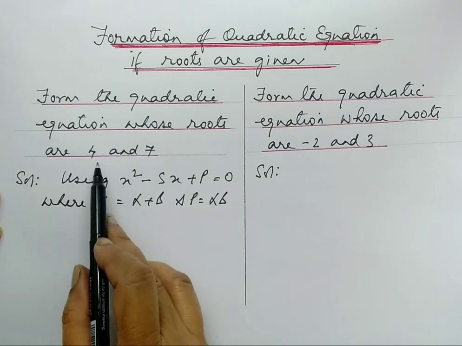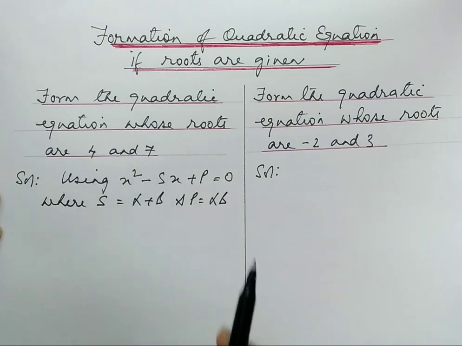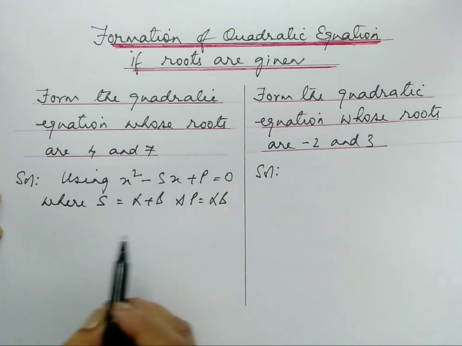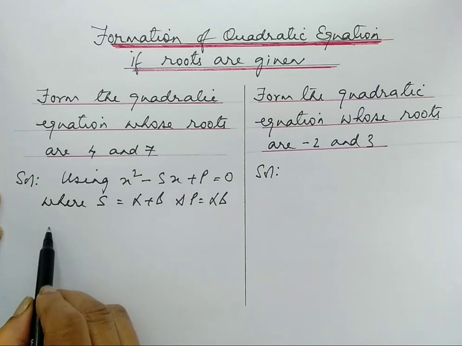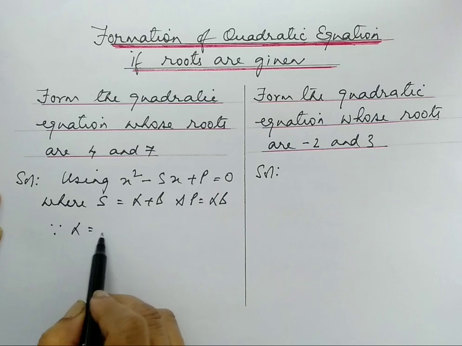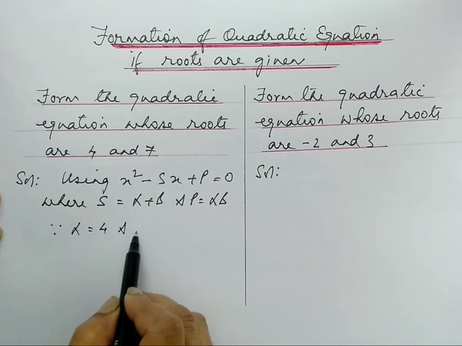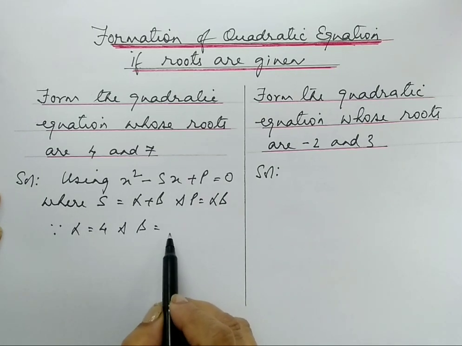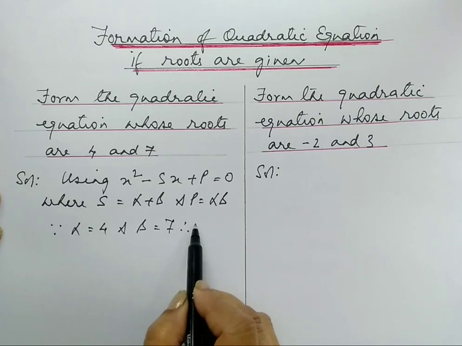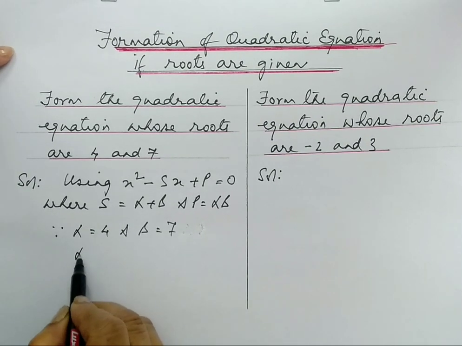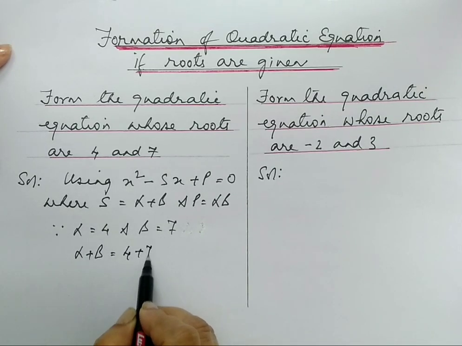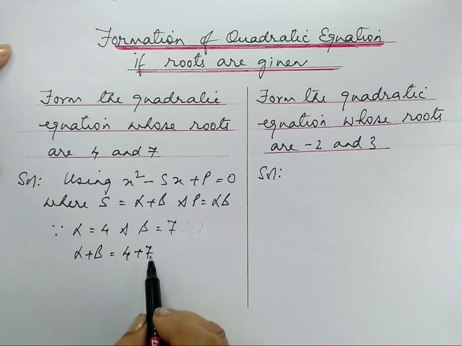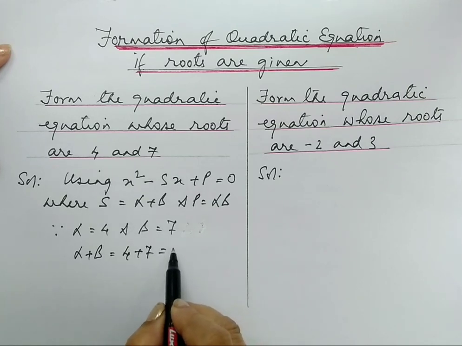Now alpha is 4 and beta is 7. So let us find out the sum first. Since alpha is equal to 4 and beta is equal to 7, alpha plus beta will be equal to 4 plus 7, which is equal to 11.